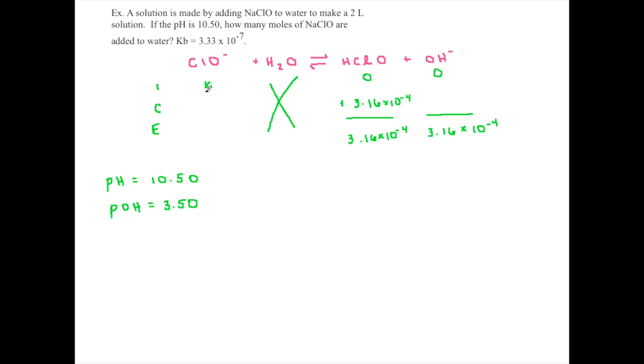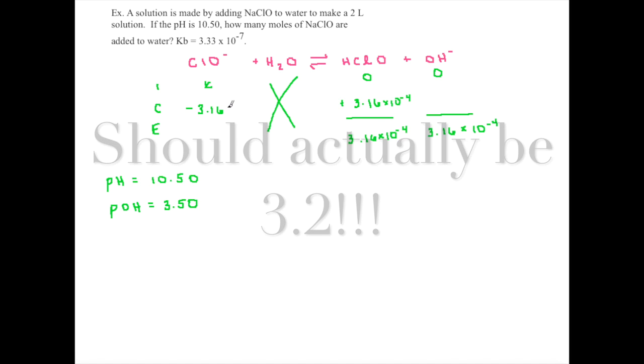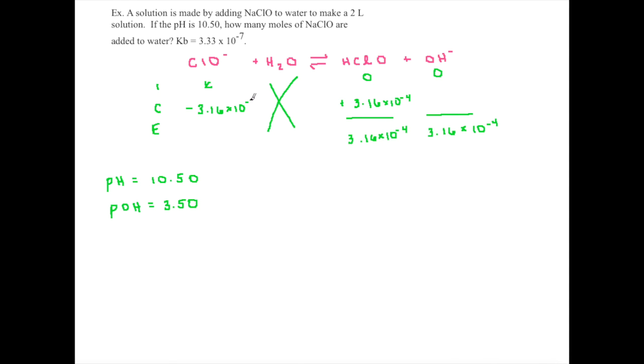Which tells me this is going to be X minus that value, which is 3.16 times 10 to the negative 4th. So I've got to write this out here. The equilibrium concentration of that is going to be X minus 3.16 times 10 to the negative 4th.